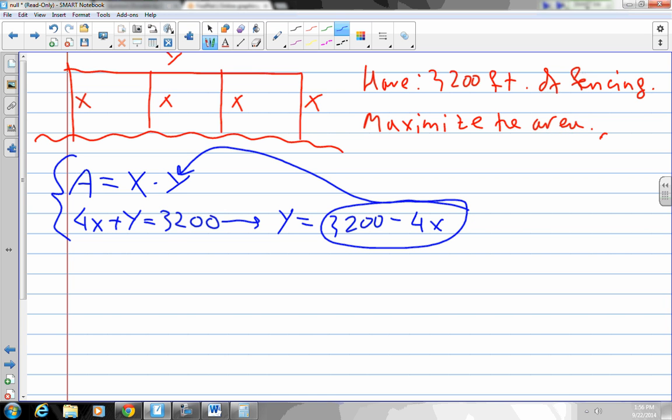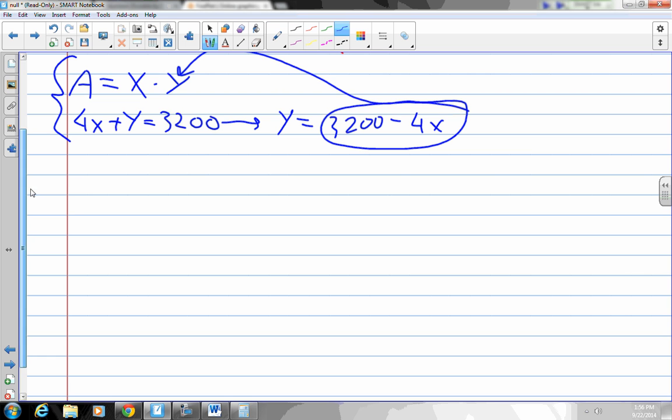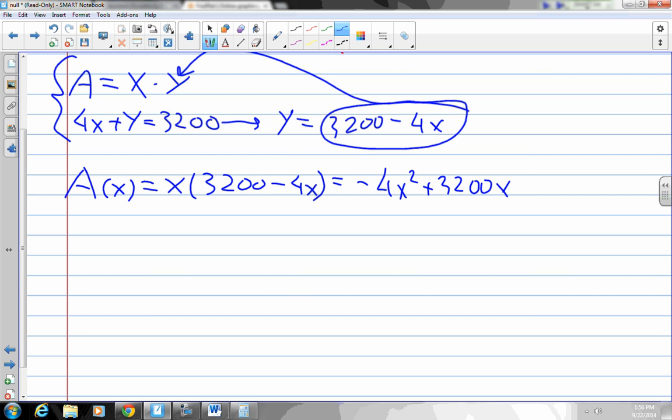So then the area, now a function of x, equals x times 3,200 minus 4x. And if I distribute x, it is negative 4x squared plus 3,200x.